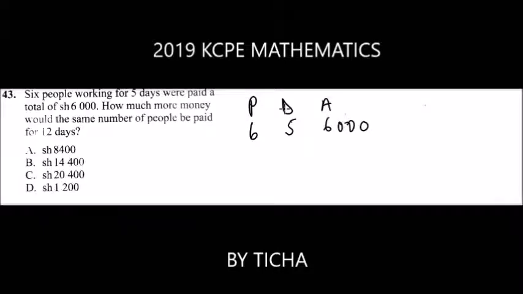So the same number of people were to do the work, but now they were working for 12 days. So we want to find out the amount that they need to be paid. So with that, we need to find x. So we say x is equals to what the percentage of increase of the amount will be.